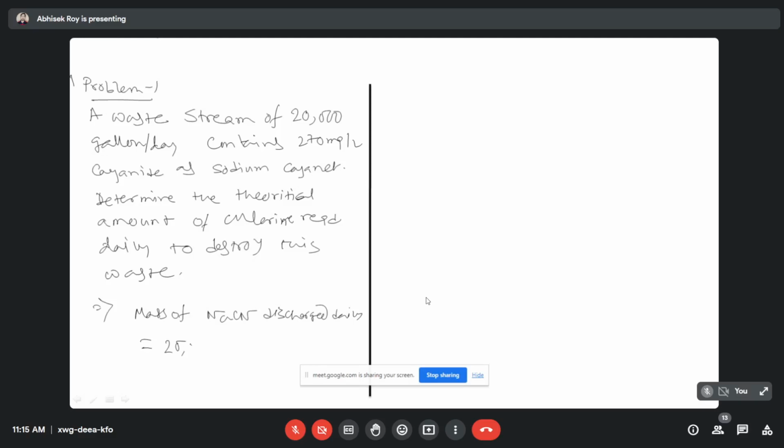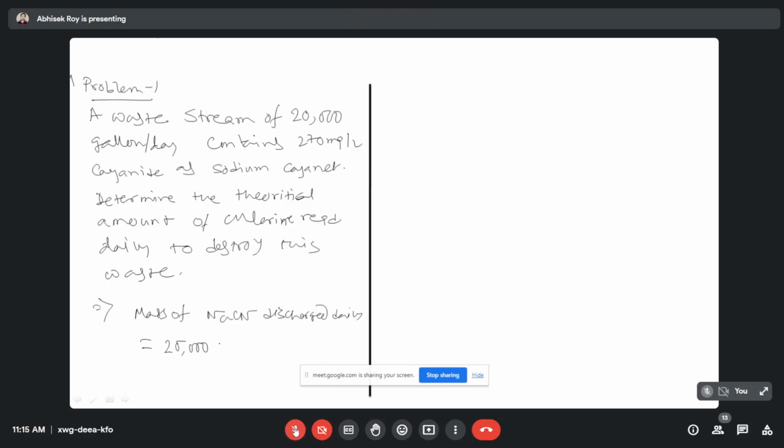That is 20,000. প্রবলেমটা সবার লেখা হয়েছে তো? Okay, yes, nearly 20,439 gram per day. Okay, so 20,000 is gallon.